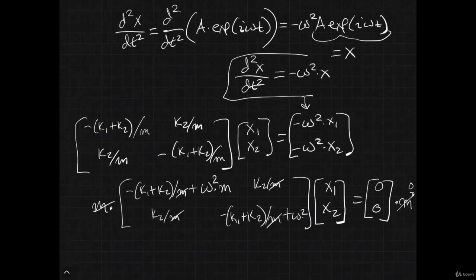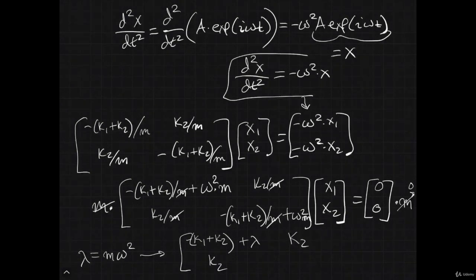And so if we set a new value lambda equal to m omega squared, we can simplify this down to minus k1 plus k2 plus lambda, k2, k2, minus k1 plus k2 plus lambda.